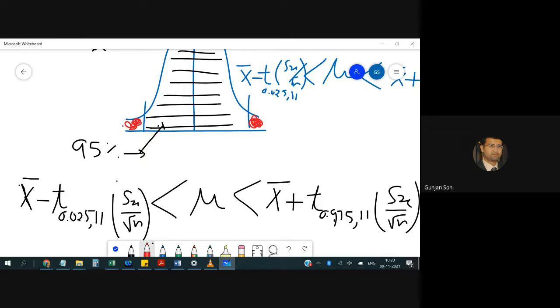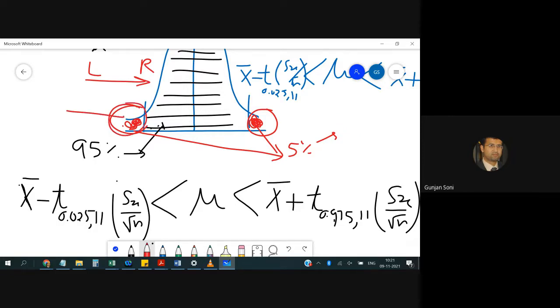Half of this and half of this, because they are equal, would be 0.025 each. The area is measured from left to right, so this area would be 0.025.